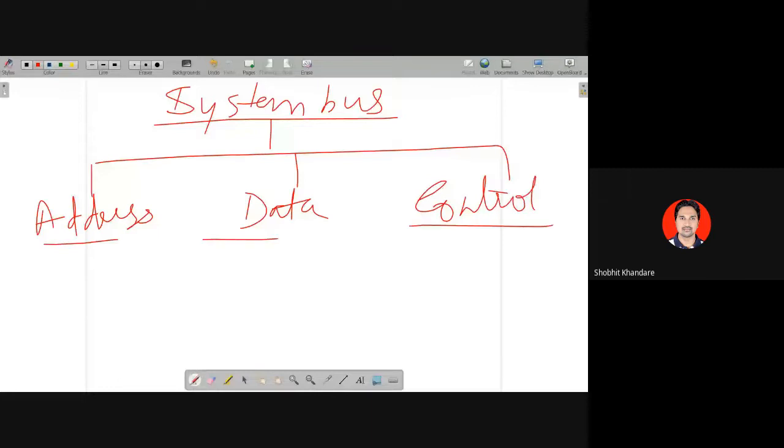So whenever you talk about the system bus, you should understand these buses are mostly data bus, address bus, and control bus. What is the system bus and what is the function of each of these buses, we will see now.